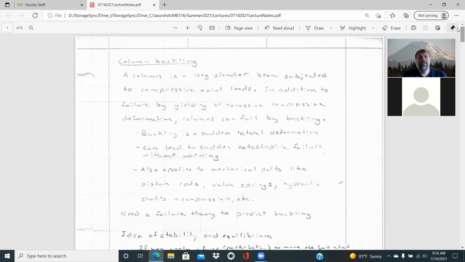Any of those components placed in compression could also have that potential to buckle. And so just like we have our failure theories for static loading, von Mises maximum distortion energy theory, maximum shear stress theory, we also need a failure theory to predict buckling.